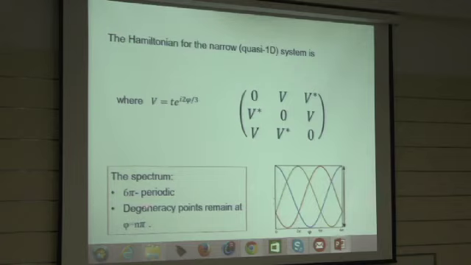We see that the Josephson effect is 6π periodic rather than 2π periodic, and that there are degeneracy points which remain at particular values of the phase difference. Which is to say, we started from a two-dimensional system with topological ground state degeneracy. All the 3 states were all degenerate.